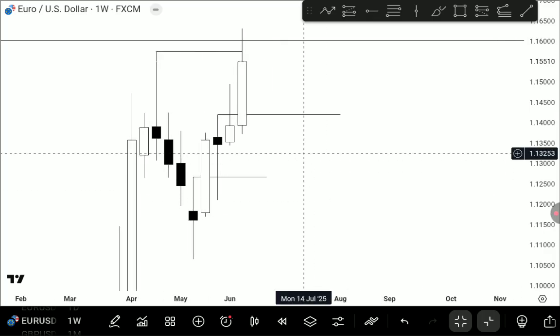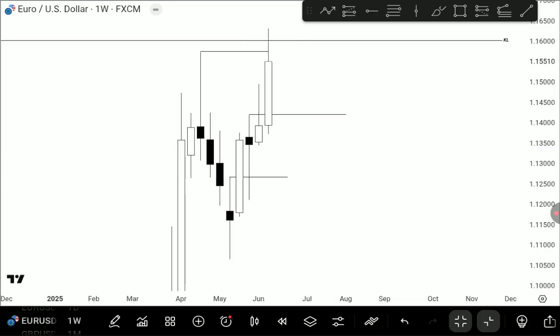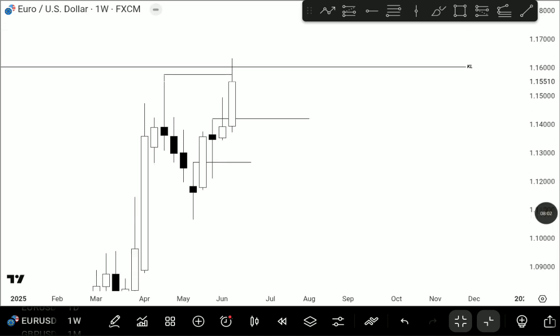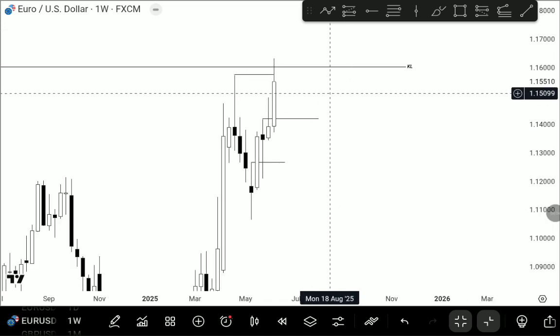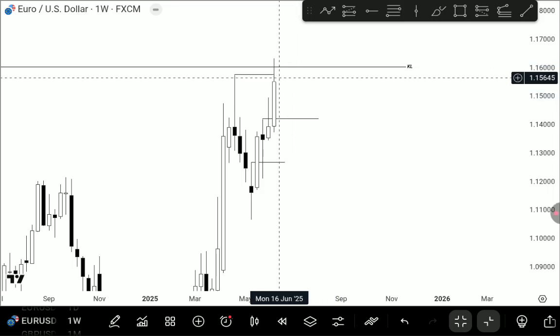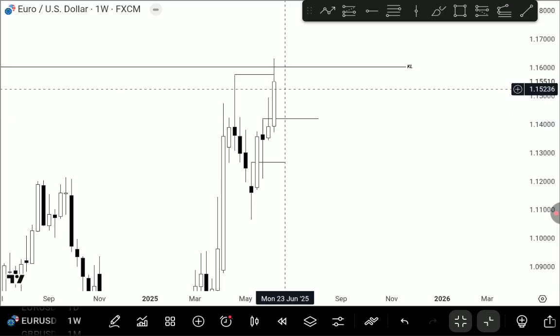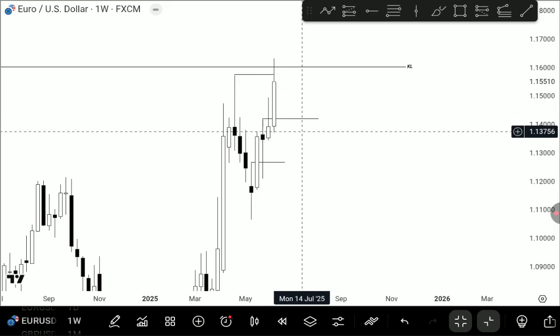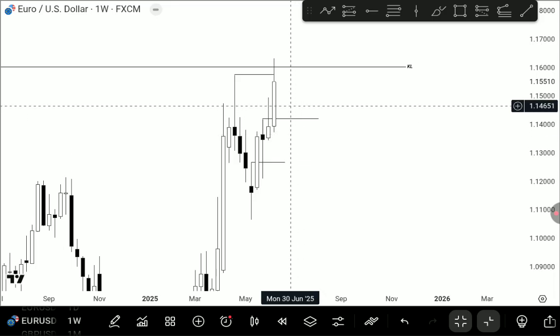So there's a thing that I want to tell you, that every time when price reaches a higher time frame key level, you expect the lower time frame key levels to be insignificant, to be unconfluential, right?